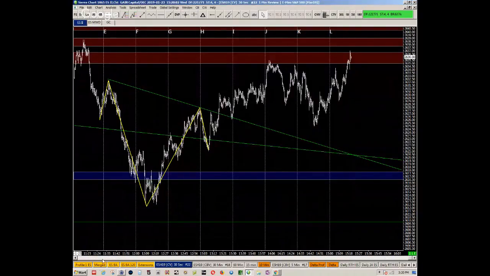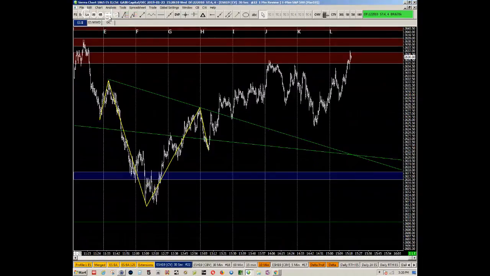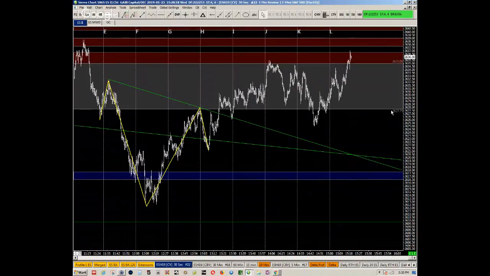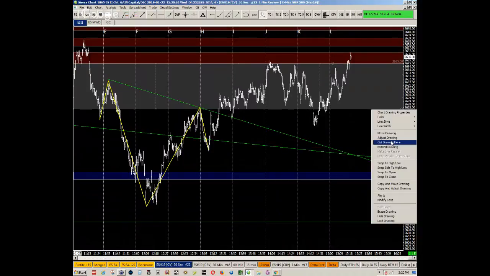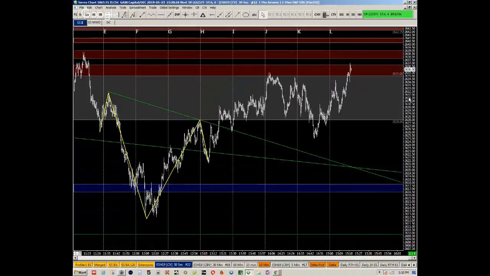So let's look at the profile, and we are from 28 to 35. I can see it, even if you can't. 28 to 35. Let me make it to the tick. There we go. So that's a little area.